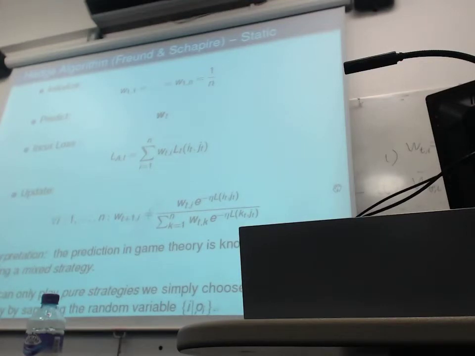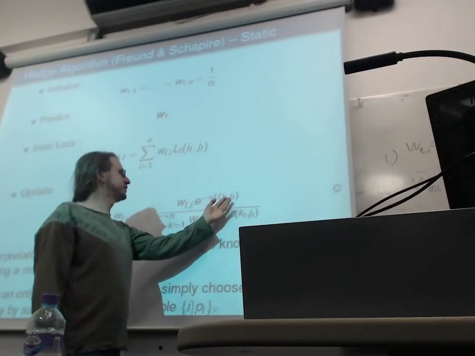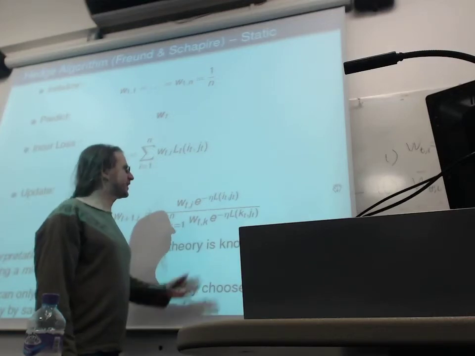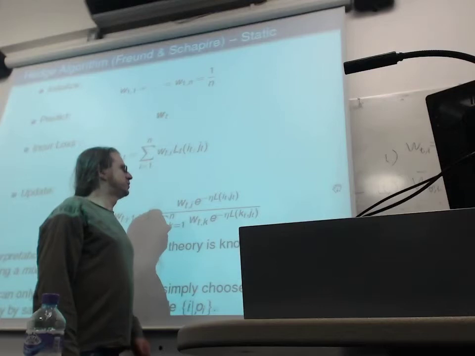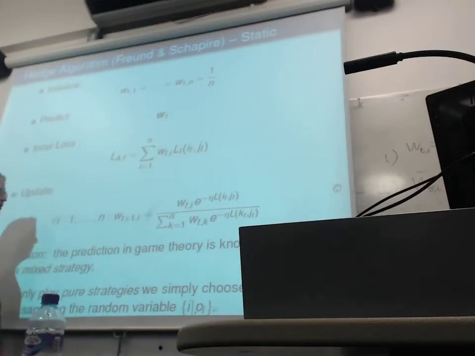Okay. We do the same update as we did before. Each expert, which we imagine corresponding to an action, gets its weight decreased by this quantity, and we normalize the weights so things sum to 1.